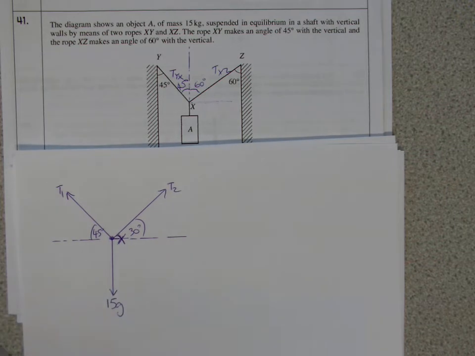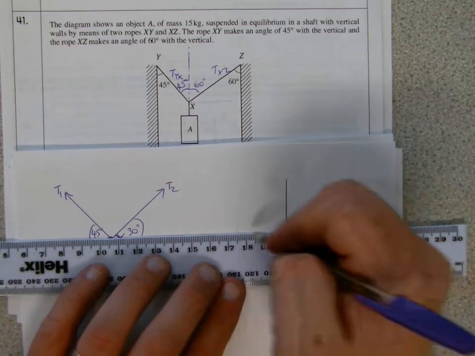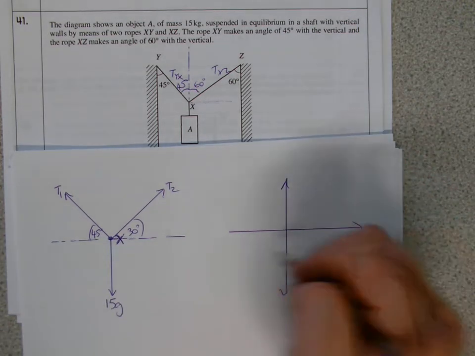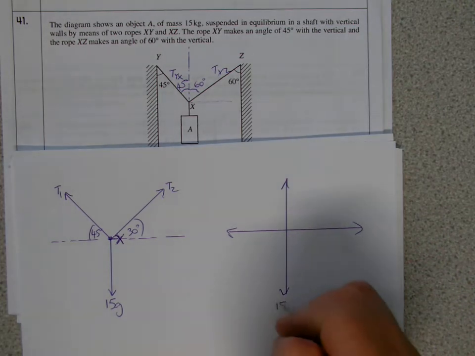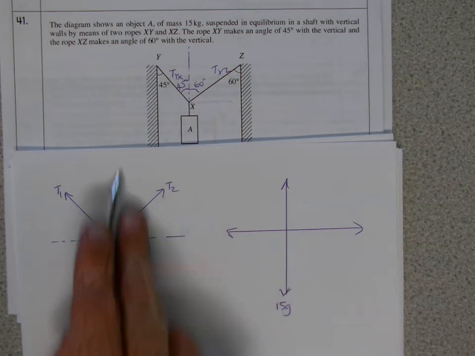So when I get a force diagram, we look at the vertical direction and the horizontal direction. Now we've got 15g going down, straightforward. Tension has a horizontal component and a vertical component.